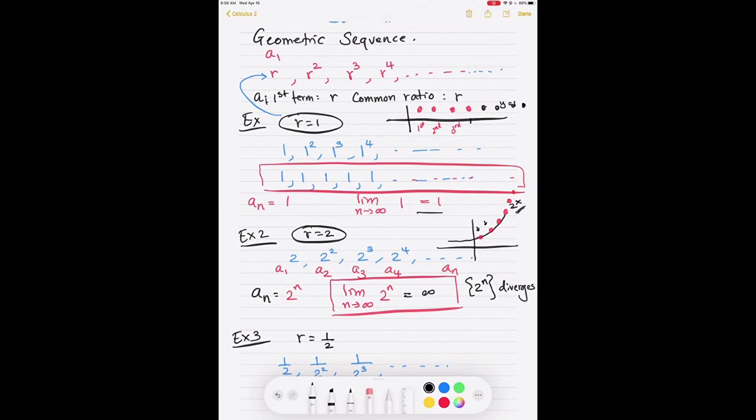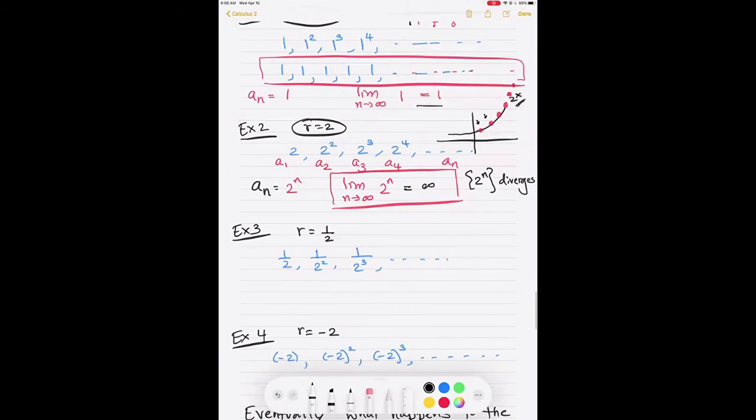So I hope this Christmas lights analogy is going well, but let's look at the next one then. So I want a_n here. Again, a_1 is half, a_2 is 1 over 2 squared, a_3 is 1 over 2 cubed. So a_n is going to be, there we go, 1 over 2 to the n.